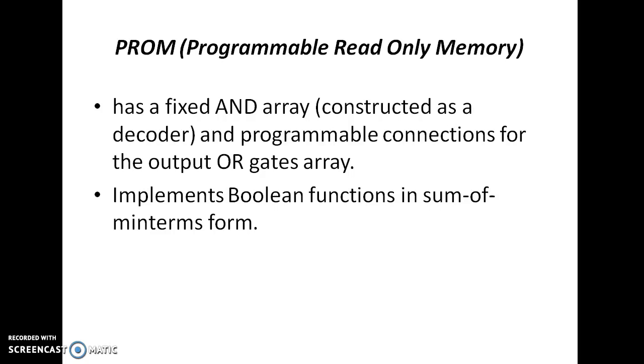So if you have an array of AND gates and an array of OR gates, you can realize any sort of function, because digital functions rely on three operations: AND operation, OR operation and negation, that is complement.